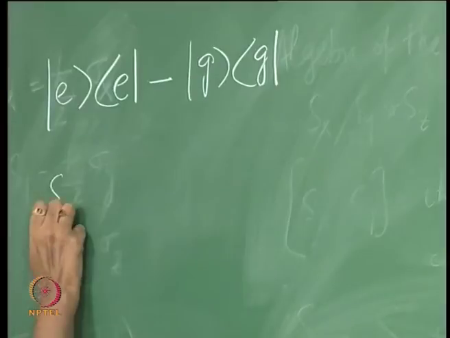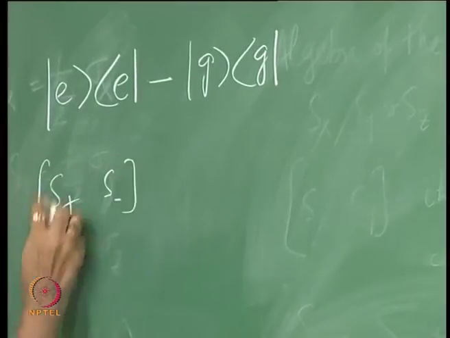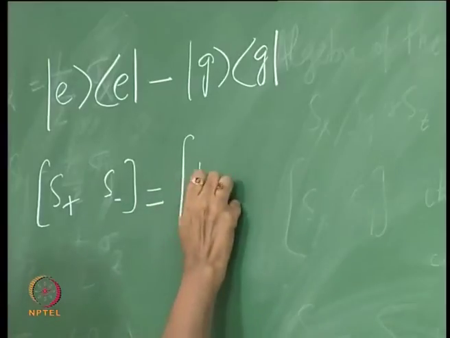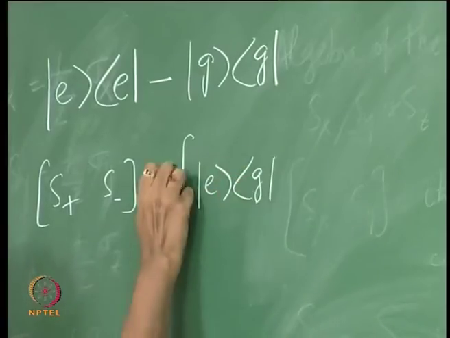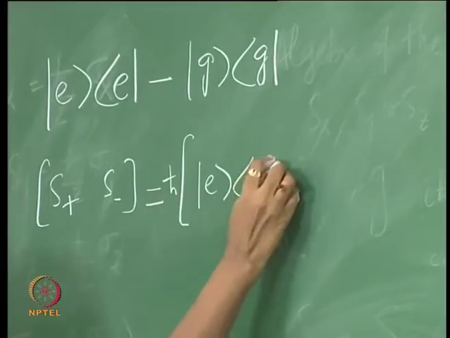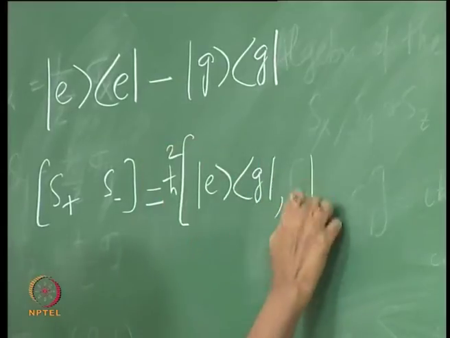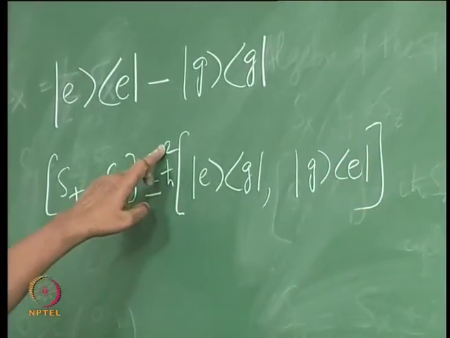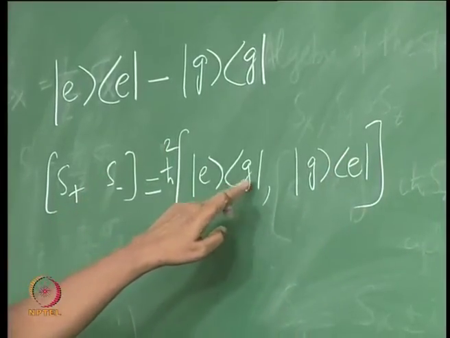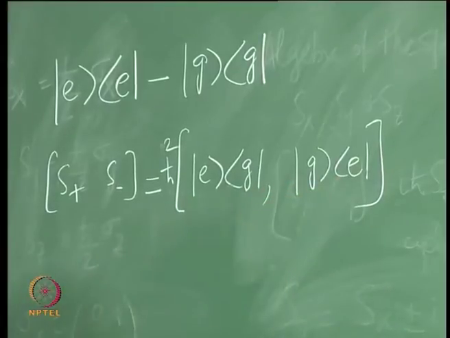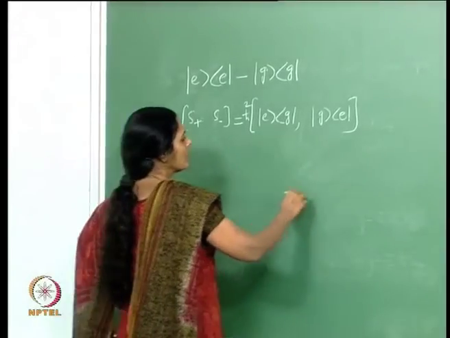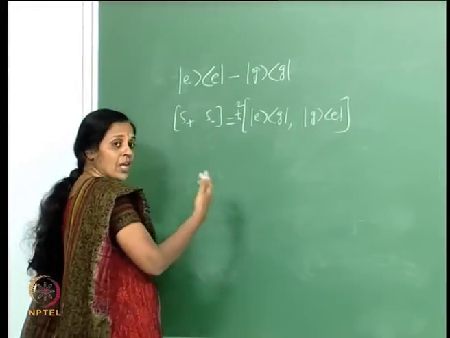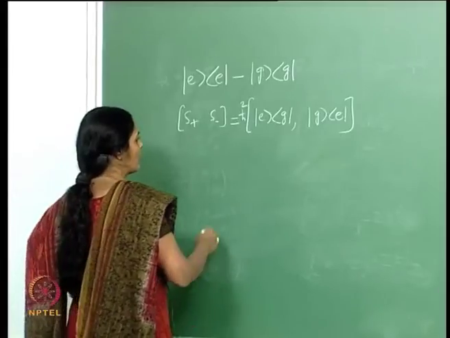Suppose I find the commutator of S plus and S minus in this language, that is the same as trying to find the commutator of |e⟩⟨g| with |g⟩⟨e|, apart from an ħ. I pulled out ħ squared because there was an ħ with this operator and there was an ħ multiplying this. The way to do this is to make it work on some basis state and see if the algebra that we have is indeed state independent.